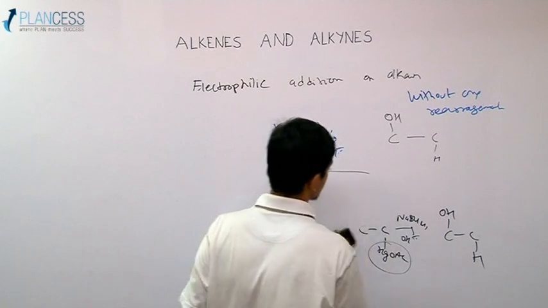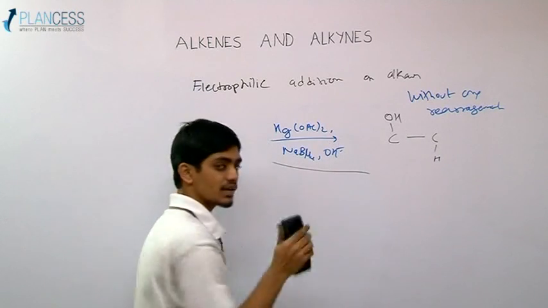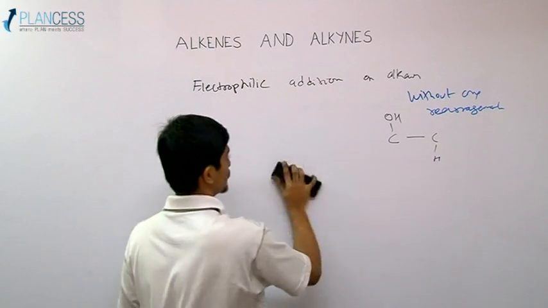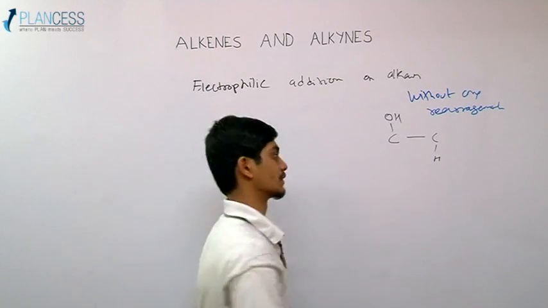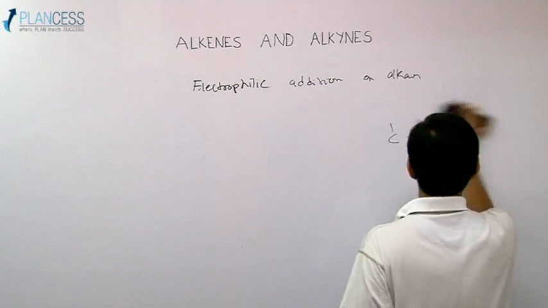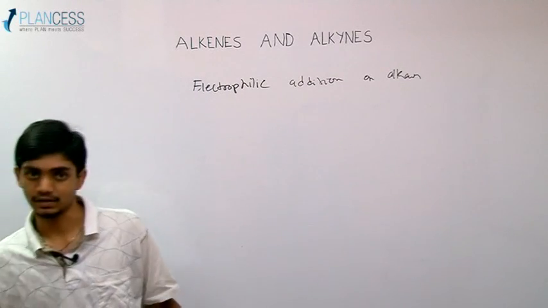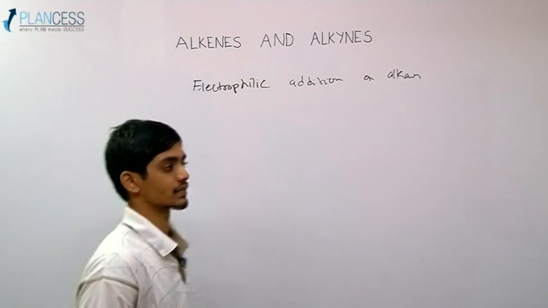Now we are going to see the hydroboration oxidation one, that has got a very specific stereochemistry, and a more important point than that is it is an anti-Markovnikov addition. That is, you don't get the most stable alcohol or the most stable carbocation. That is because you don't get a carbocation in this case.